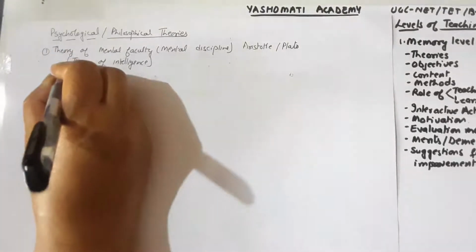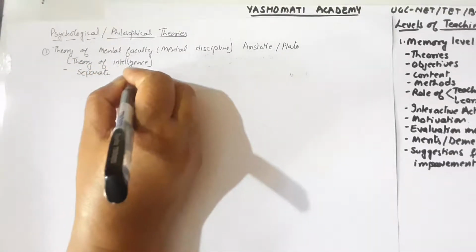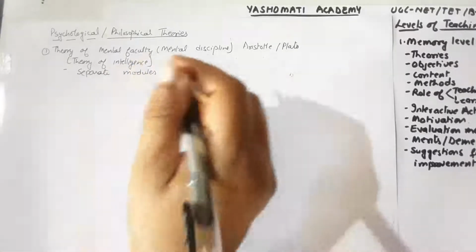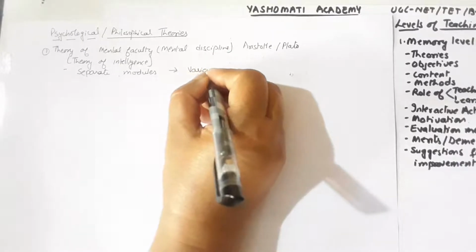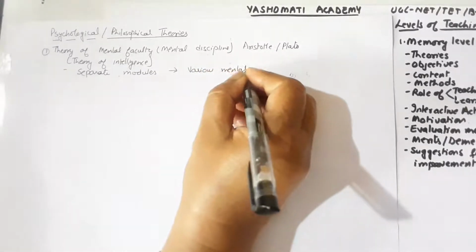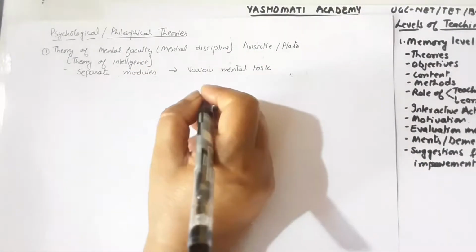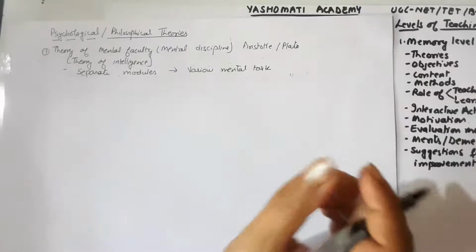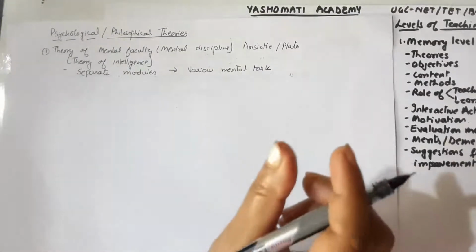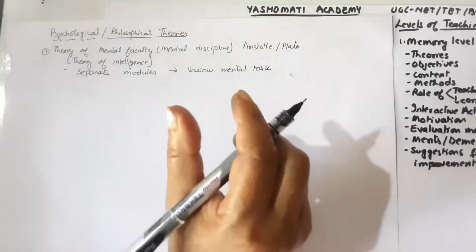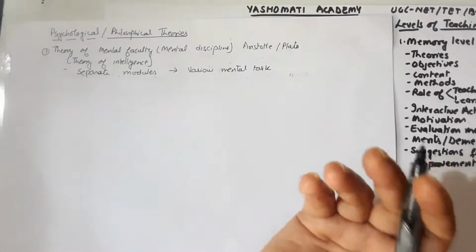This theory suggests that there are separate modules which are assigned to various mental tasks. And mind has separate innate functions. That means different areas are regulated by different modules. And mind has certain cognitive and perceptual powers also.